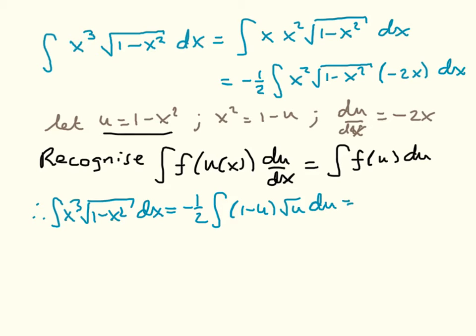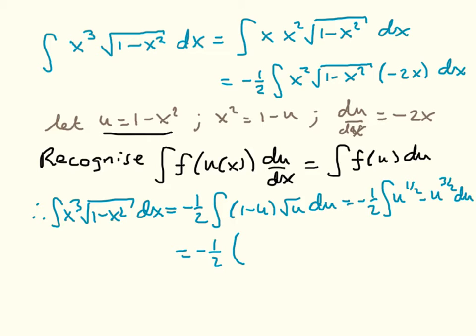So again, we just expand this. This is minus a half, the integral u to the 1/2 minus u to the 3/2, all integrated with respect to u. So what we obtain is minus a half multiplying, and now we have got two integrals, this integral and this integral, and to integrate u to the half we add 1 to the power and then multiply by the reciprocal of this new power.